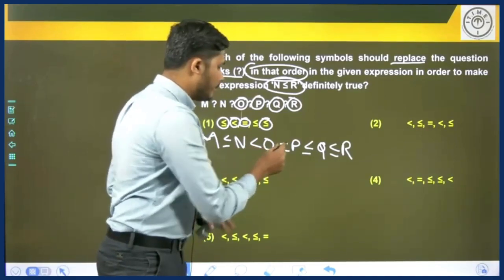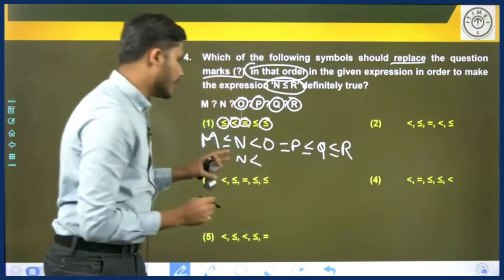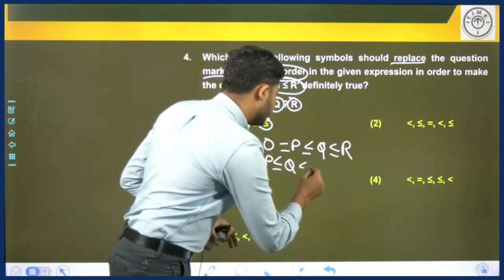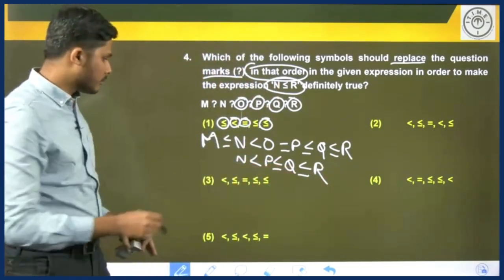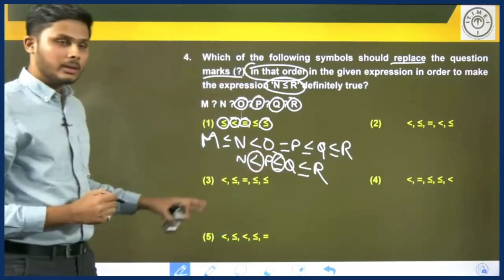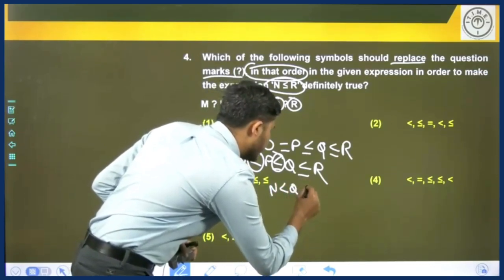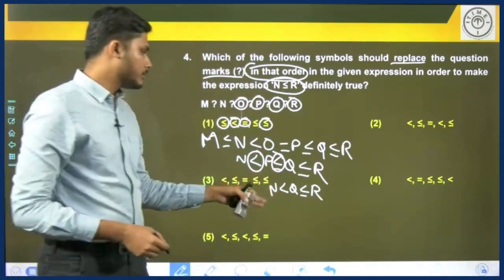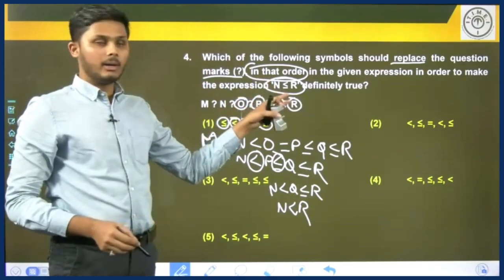So, here O equals P, so you can replace O with P. The new statement will be N less than P less than or equal to Q, Q less than or equal to R. So, the relation between N and Q: here, since the symbols are less than and less than or equal to, the end result will be less than, which is N less than Q and Q less than or equal to R. Similarly, here the symbols are less than and less than or equal to, the end result will be N less than R, which does not follow the given condition.